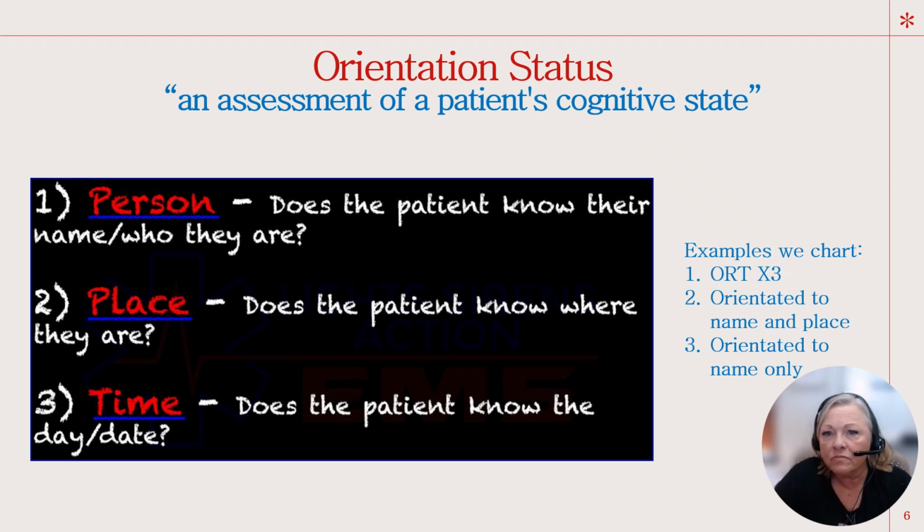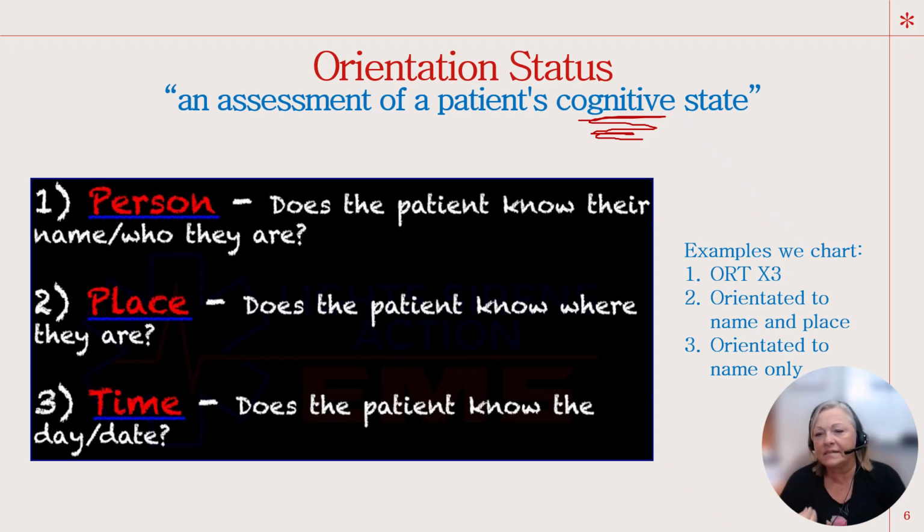Fancily said, we're checking their cognitive state, their cognition, and what status they're at. We're always testing person, place, and time. You will see some literature now say event or circumstance, I believe. That is not around here, and in our books we're following this.